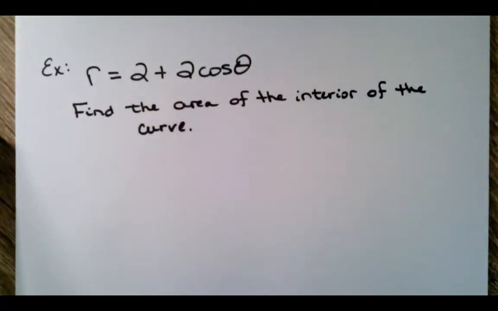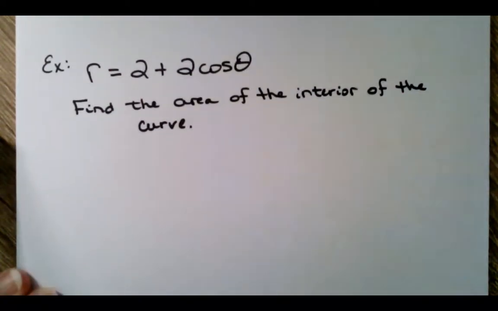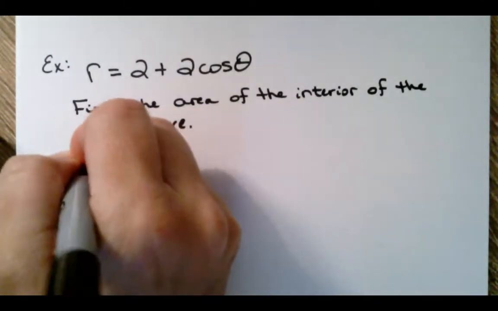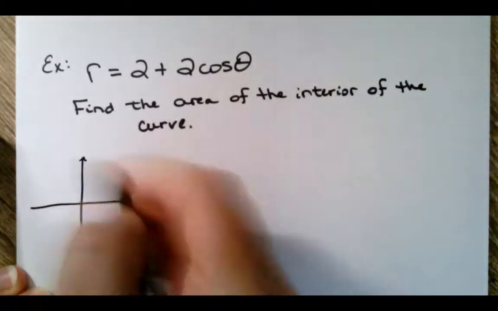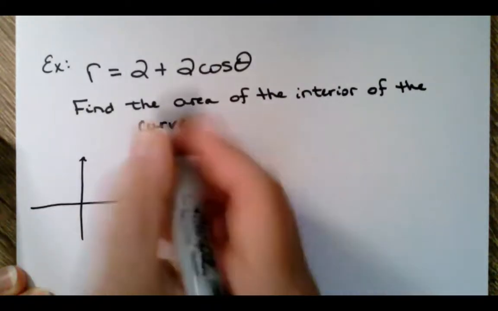I got a little bit ahead of myself there. That is one of the biggest challenges with polar graphing, determining what theta to start at and what theta to end at. So I'm going to go ahead and just sketch this quickly. 2 plus 2 cosine theta, that's going to be out here at 4.